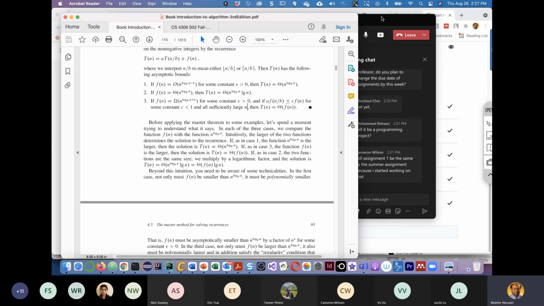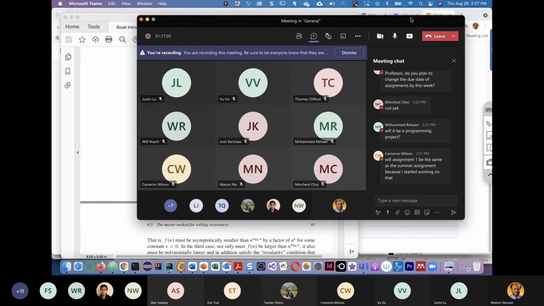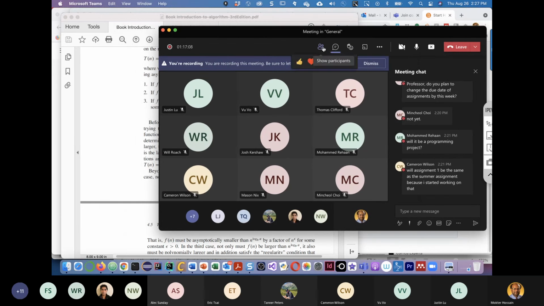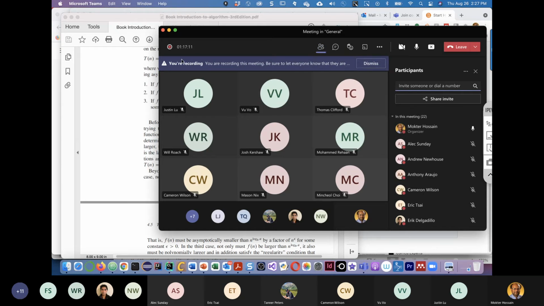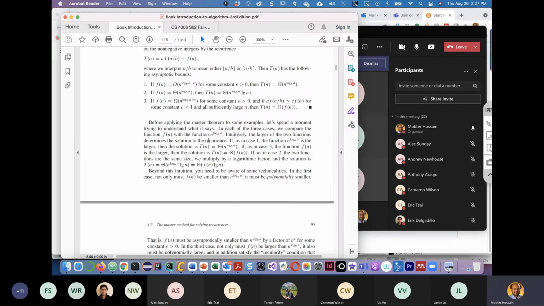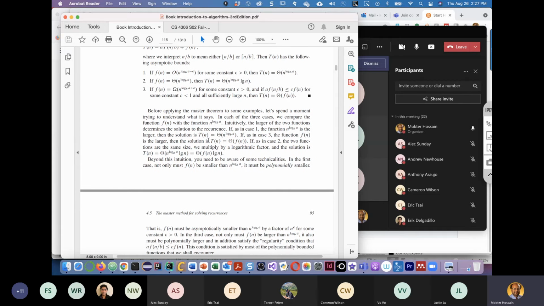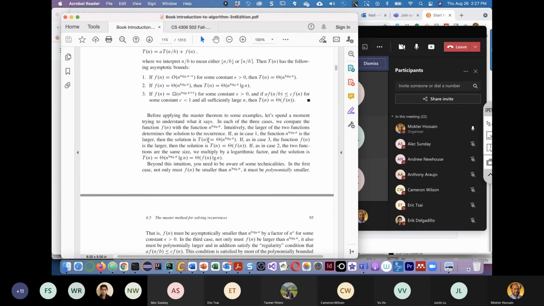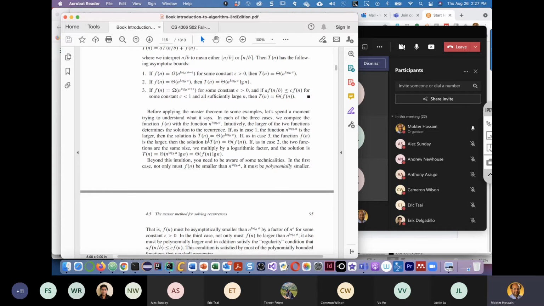Okay, has anyone any question? Is it understandable? Do you understand this? Now we will come up with some examples. So in the second case, this one is f(n), right? If equal to this one, then theta of f(n) log n.